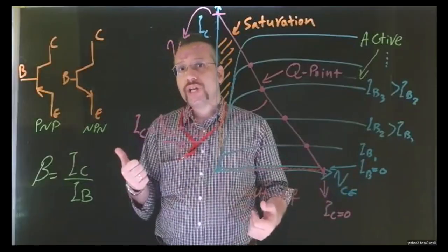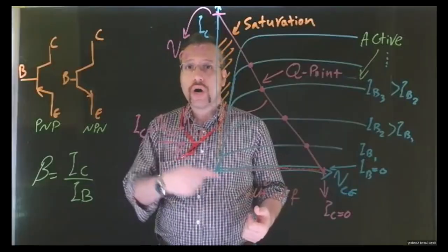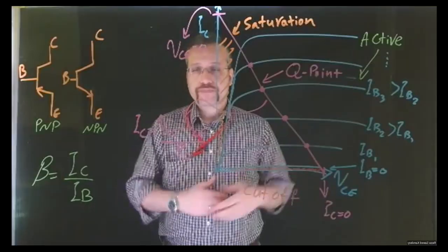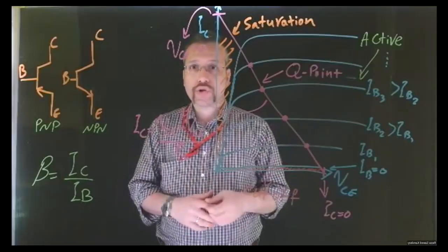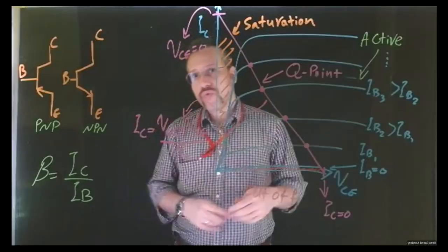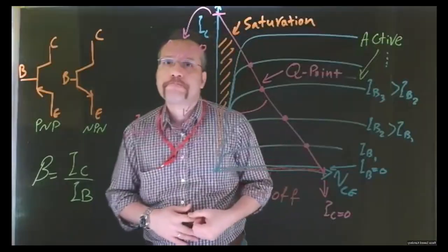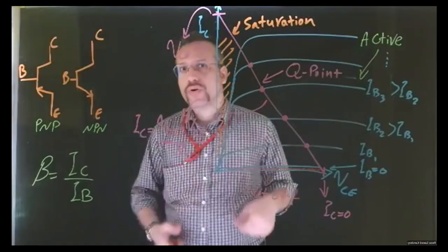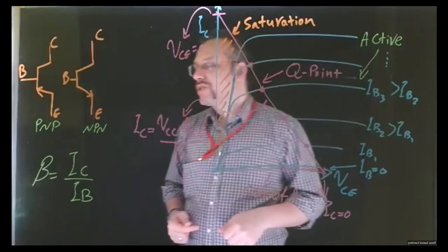But in a BJT, we are going to use current in the base to trigger the transistor. Now, that being said, let's move on to the actual discussion about the BJT, so we could remember what's going on with this component.